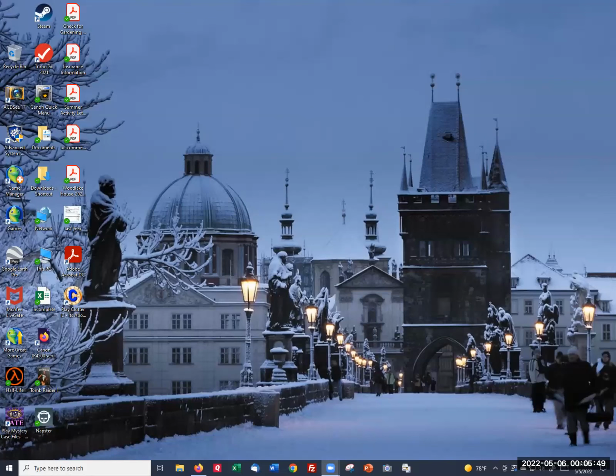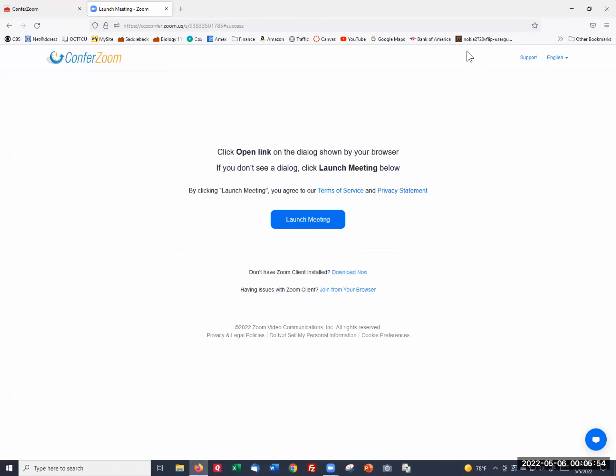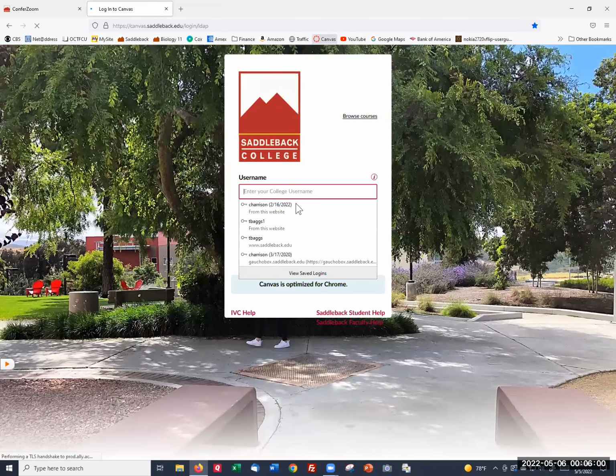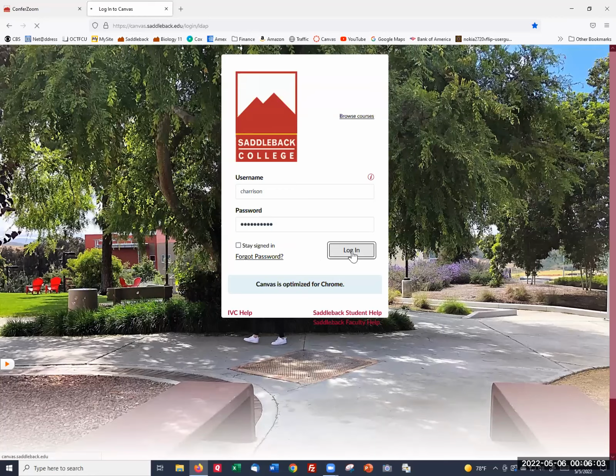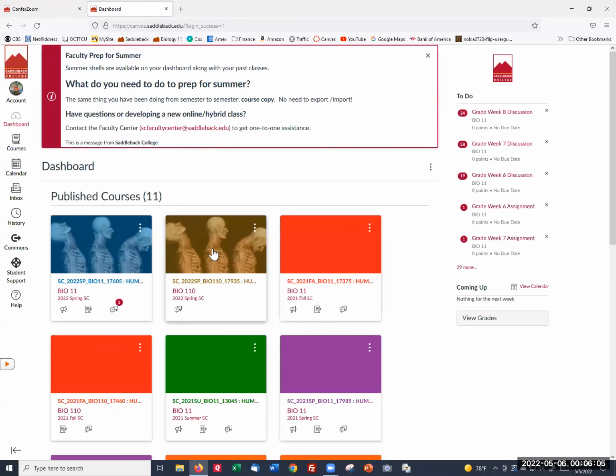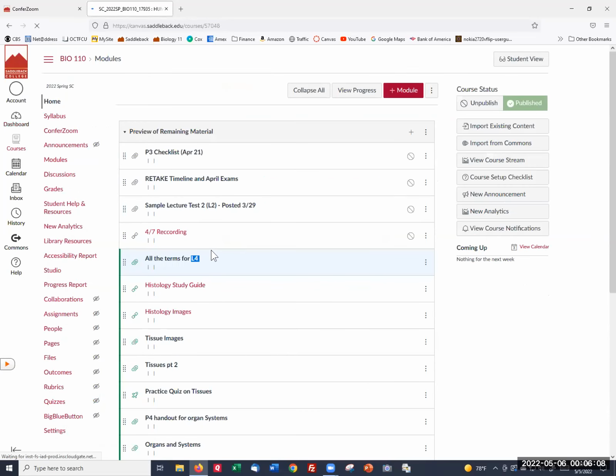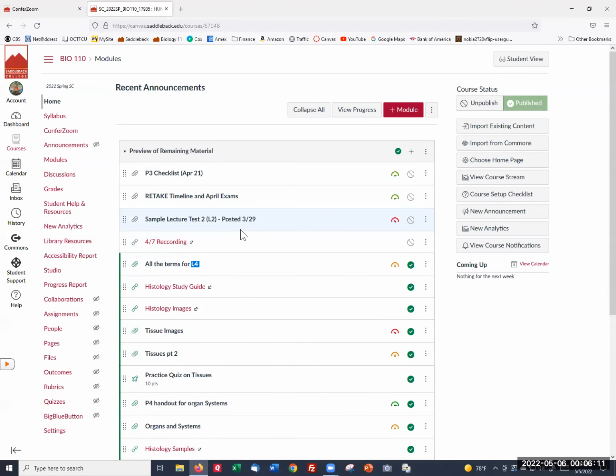Okay, let's see if I can do the share screen thing, and I still know how to do it. Can any of you see the screen?